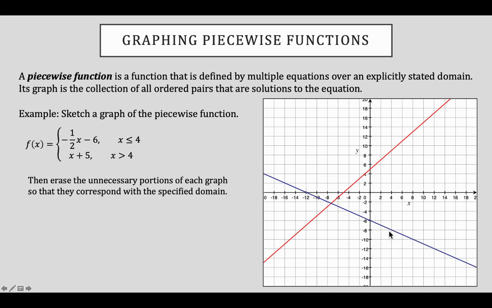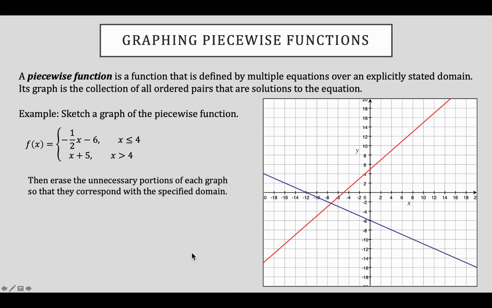Everything to the right of that we can erase. Similarly, for our second piece, y equals x plus 5, that only corresponds to x values that are greater than 4. That means that we can take everything that is to the left of 4 on the red line and erase it.